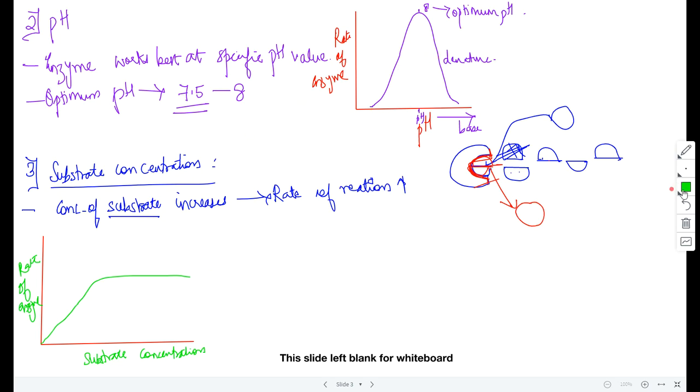But in this case, what do we observe? Is it getting denatured? No. The rate of reaction does not come to a stop, it just becomes a constant value. Why? Because we saw it has reached a saturated level, hence it becomes constant.